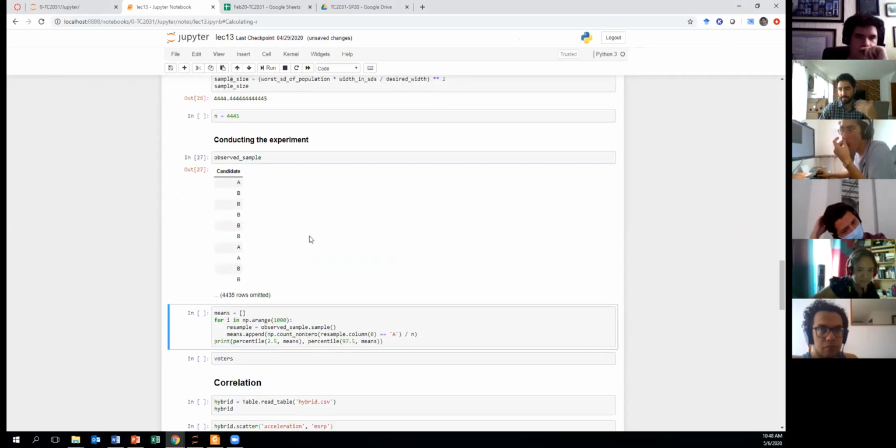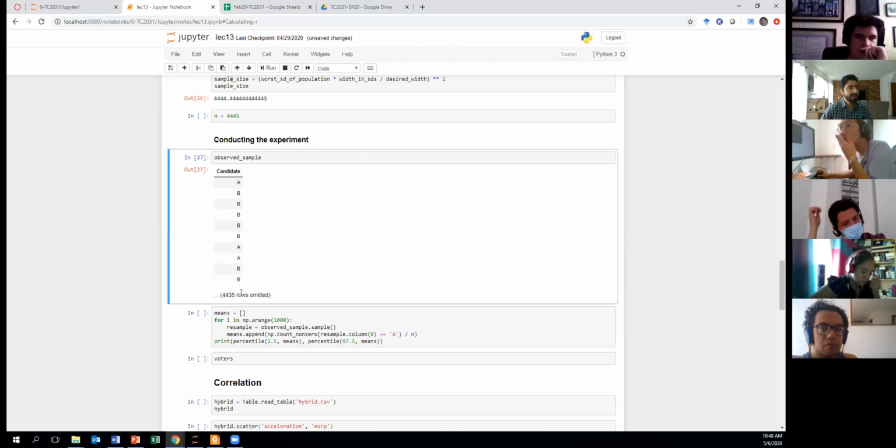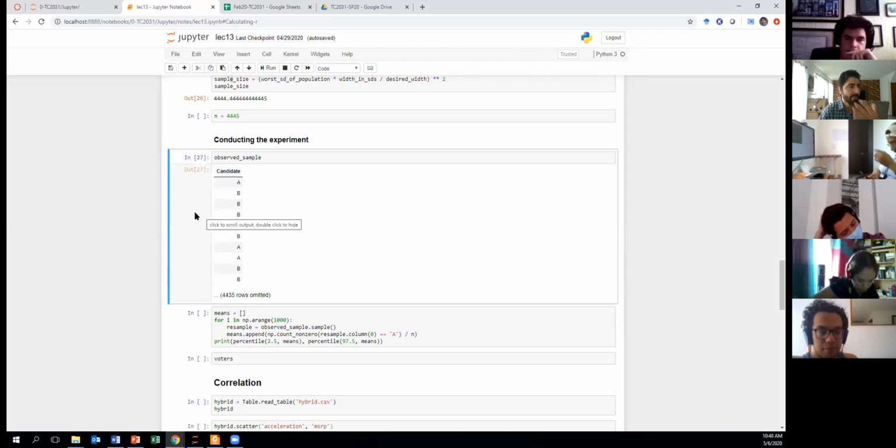Just consider I went out in the city and sampled 4,445 people, and I asked them who they are going to vote for. Some people tell me candidate A, some candidate B. So these are my samples from my population.